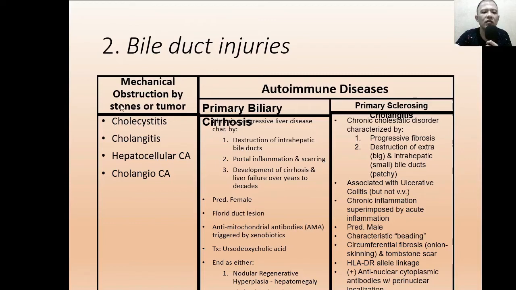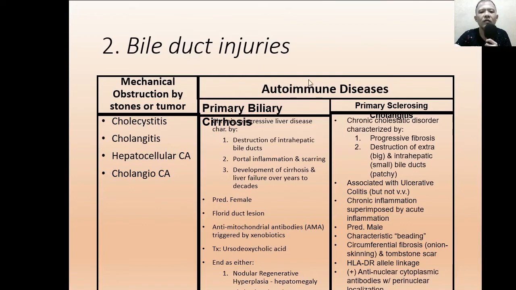It may be secondary to mechanical obstruction due to a stone, for example, in cholelithiasis, cholecystitis, cholangitis, hepatocellular carcinoma, and that's a tumor. So mechanical obstruction secondary to a tumor and cholangiocarcinoma.